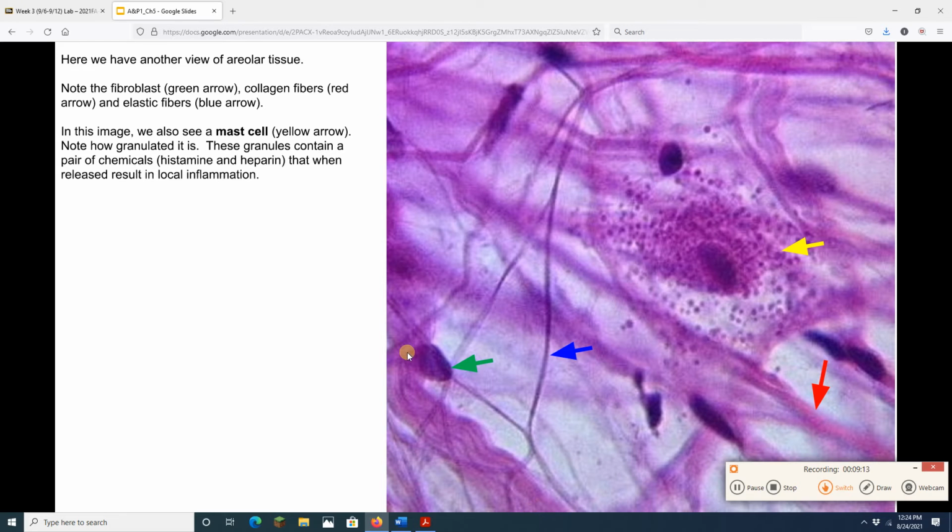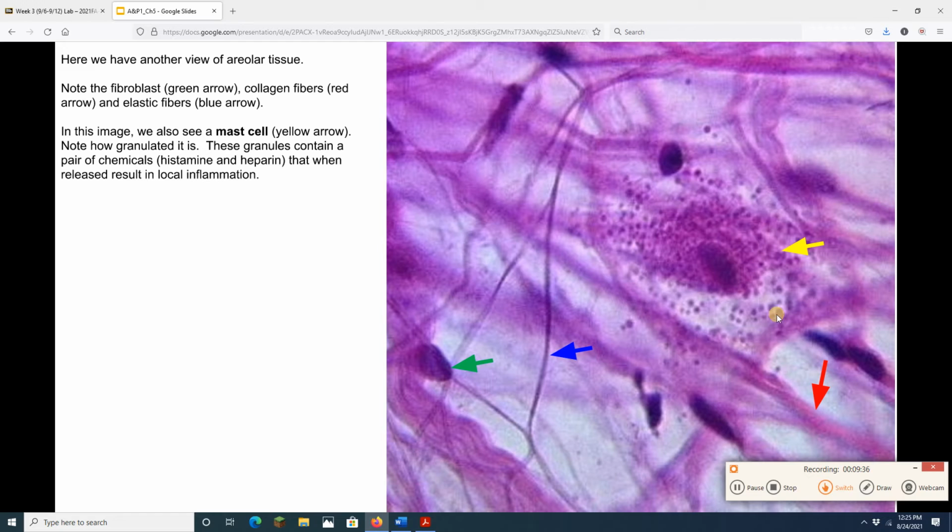Now, what's awesome about this picture is I see another cell that I often find in areolar connective tissue. And that cell is called a mast cell. This guy right here is a mast cell. I see his nucleus right there, and I also see all his granules.